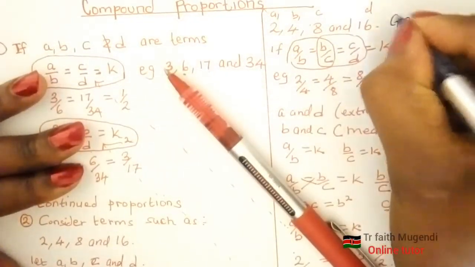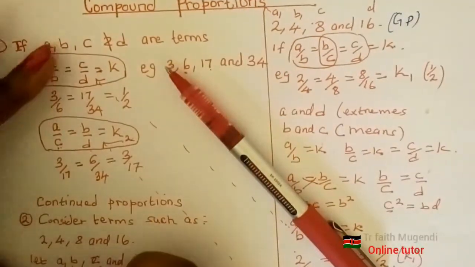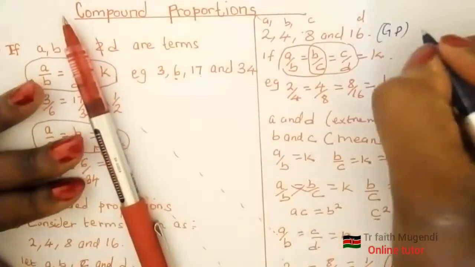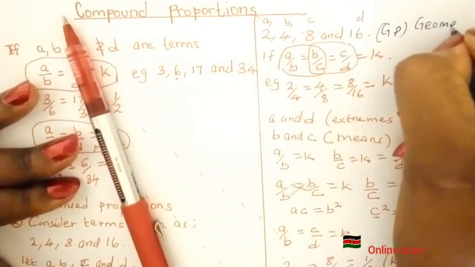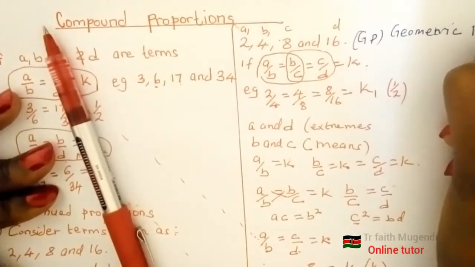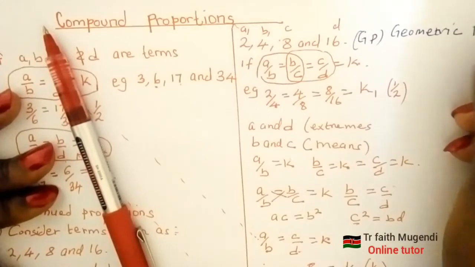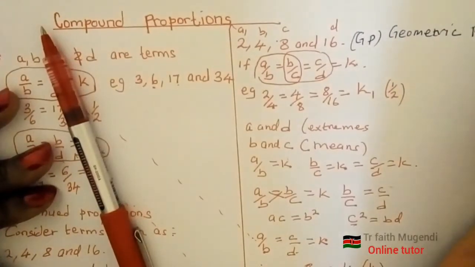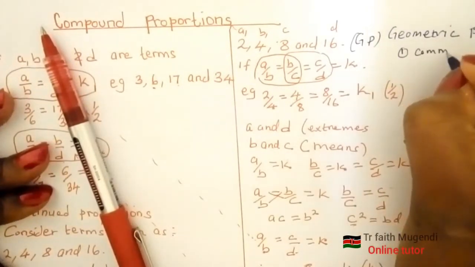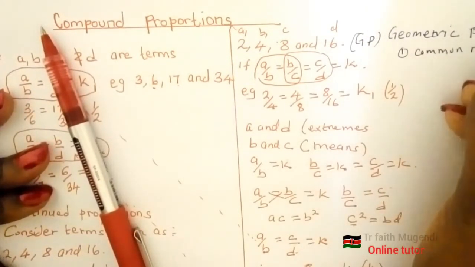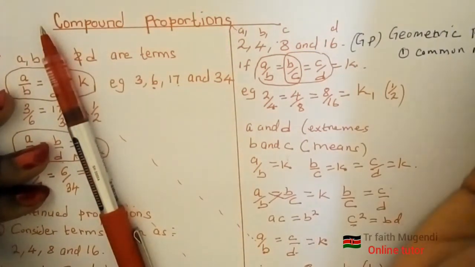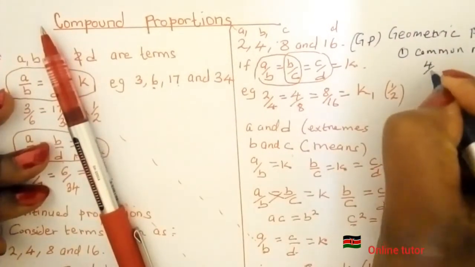It's a GP. When we talk of GP, if you remember, the principles guiding geometric progression, GP, one of the principles is that they have a common ratio. Common ratio, that is when you divide 4 by 2, you get 2.